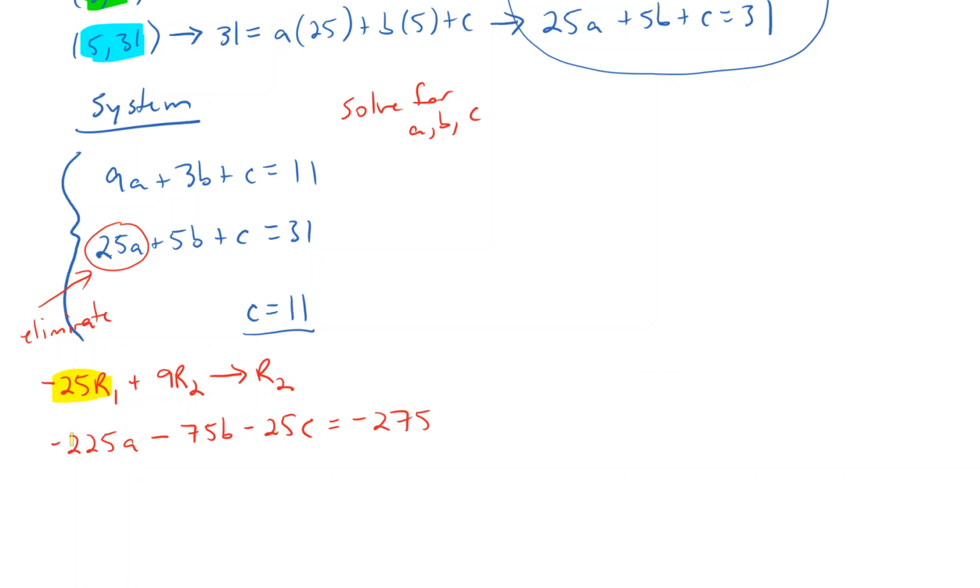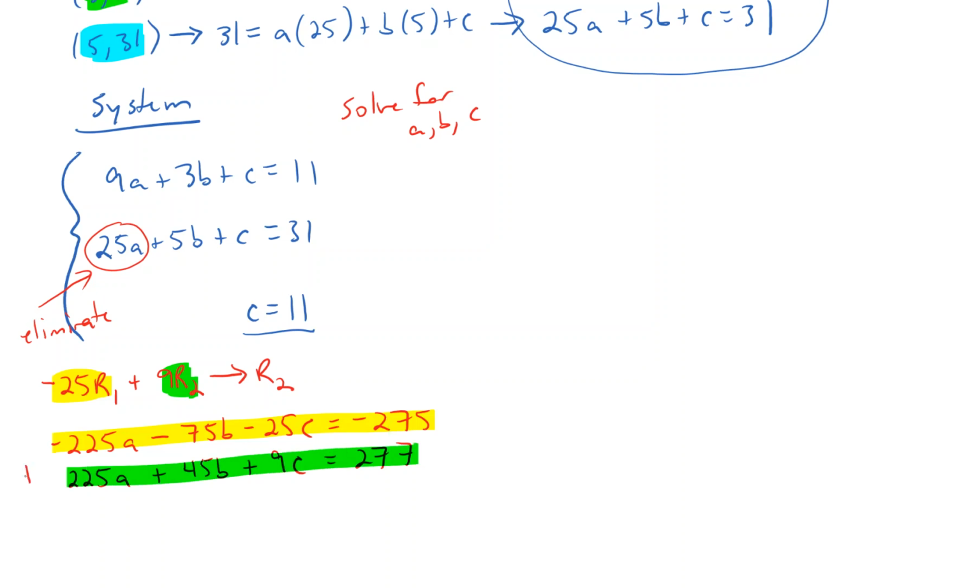So here's my negative 25 times row 1. Now I need 9 times row 2. So I'm going to have positive 225a plus 45b plus 9c equals 277. So that's 9 times row 2.